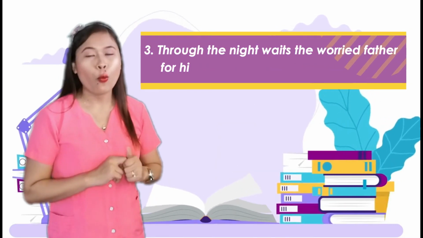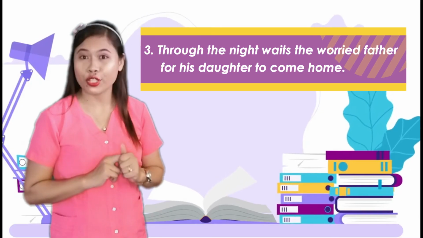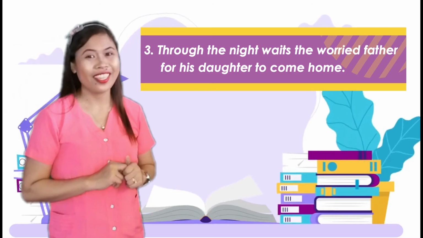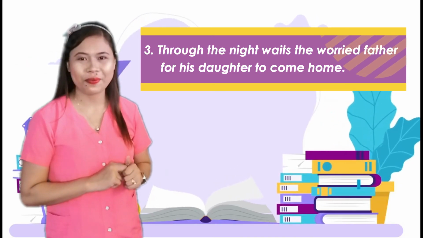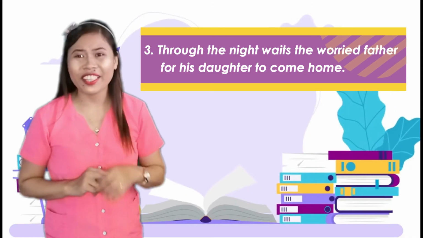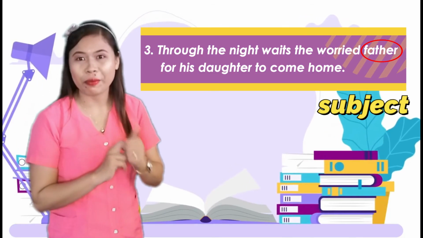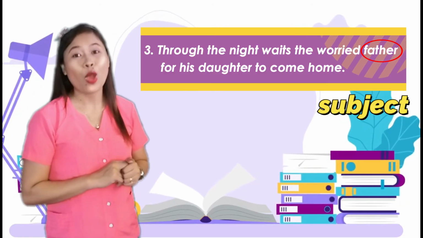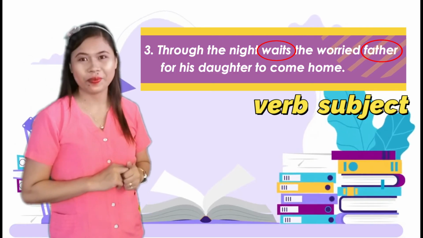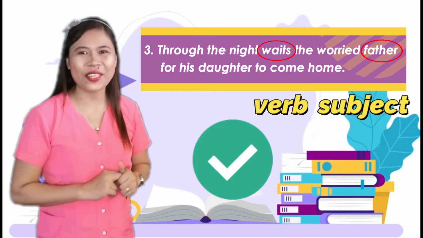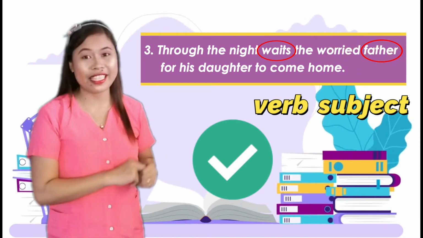Through the night, waits the worried father for his daughter to come home. This is a tough one. Can you guess the subject? Good thinking. It's the father. How about the verb? Waits. Correct. Do they agree? Yes, they do. The subject is singular and the verb is S form.